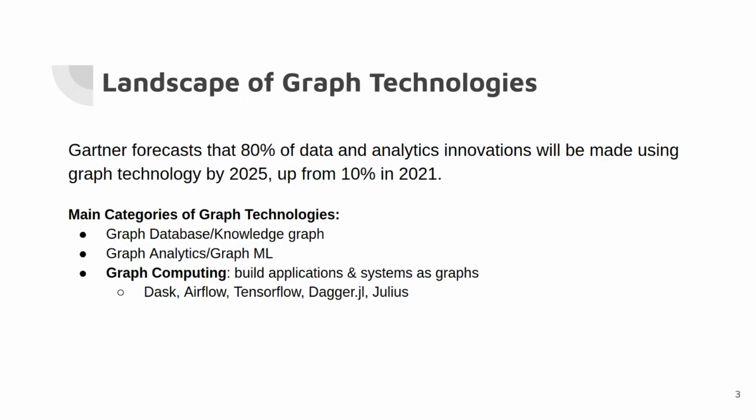So there are several different categories of graph technologies. For example, people are most familiar with graph databases, such as knowledge graphs. If you look at a social network, the data can be organized as a complicated graph. The second category is graph analytics or graph ML.